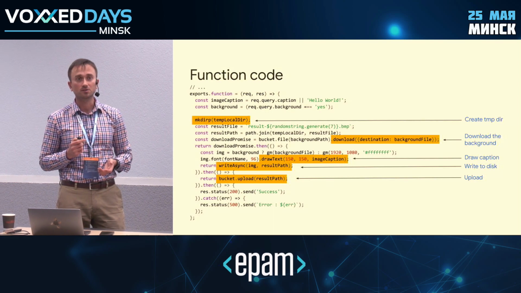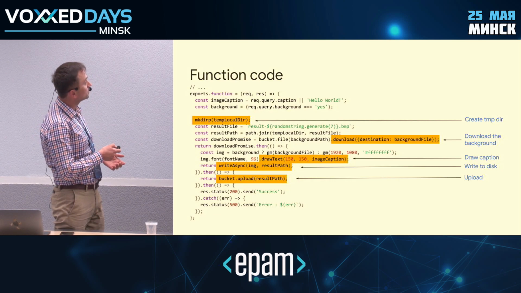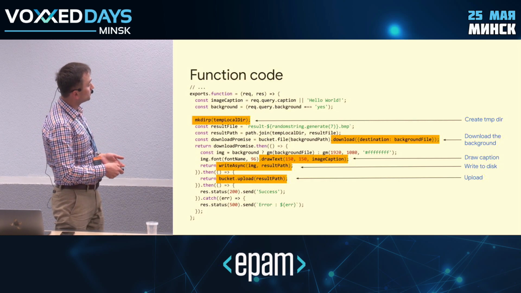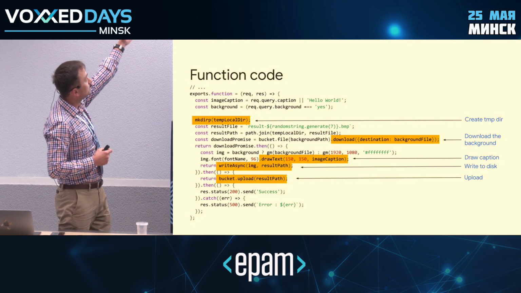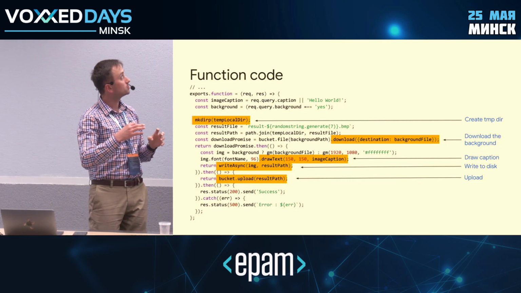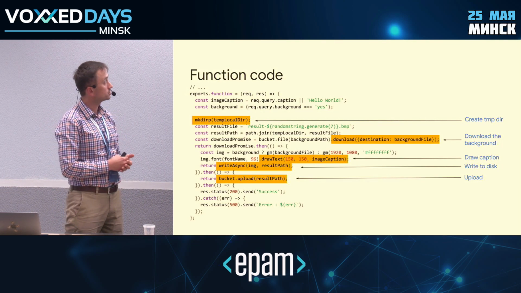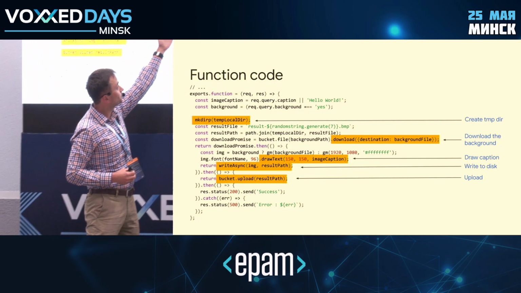I hope it's visible at the back. So let me quickly read that for you. First of all, we create some temporary directory where we want to store the results. We download the background file from cloud storage in the second step here.